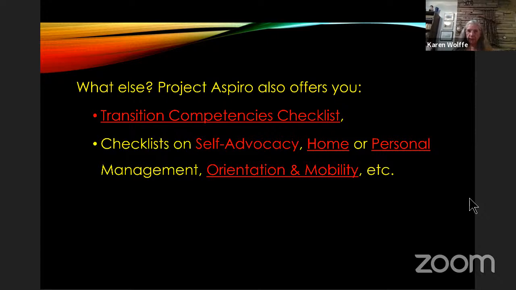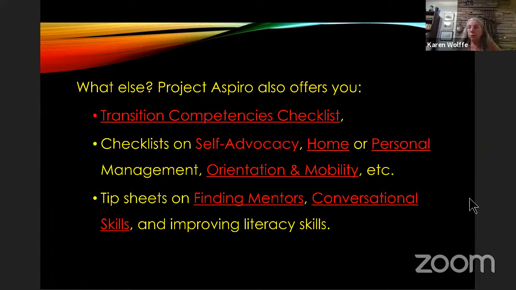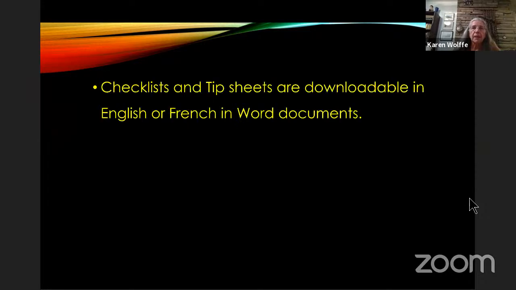There are checklists on self-advocacy skills, home or personal management skills, orientation and mobility skills, etc. There are also tip sheets on finding mentors, conversational skills, and improving literacy skills. The checklists and tip sheets are all free, downloadable in English or French. Those are the only 2 language options we have at the moment.